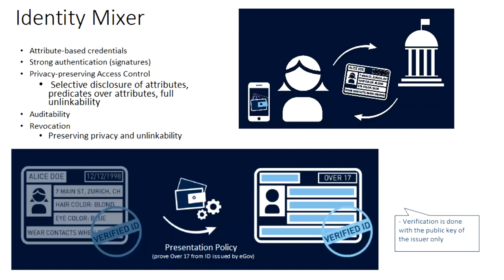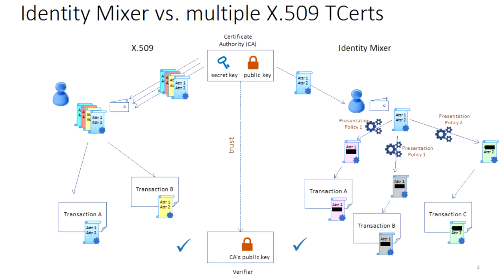If Anil, you go to the next slide. This is a comparison between Identity Mixer and X509 certificates in general. Issuing a certificate is very similar: it's a set of attributes certified by the CA.